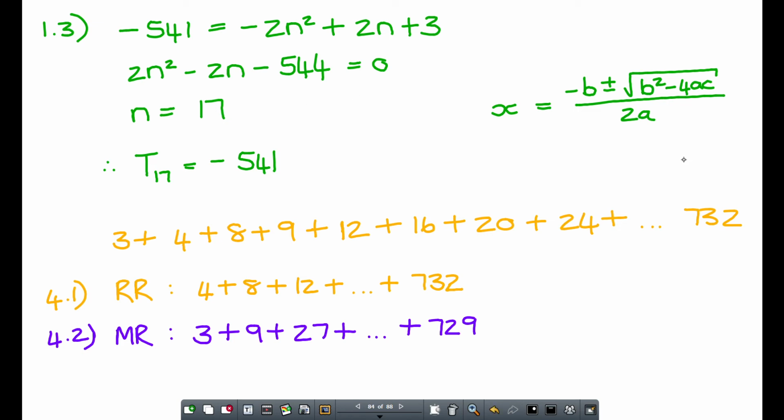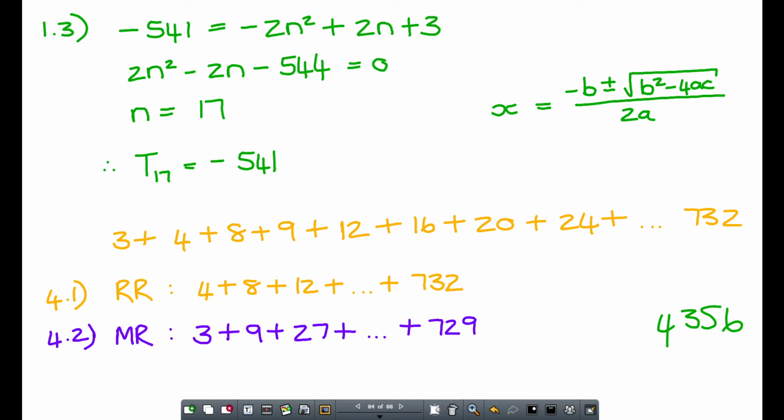Ga double check in die wortel. B kwadraat minus 4ac. Daar kry ek in die wortel 4356. So dat is eindelijk 2 plus wortel 4356 op 2a wat ons nou 4 is.